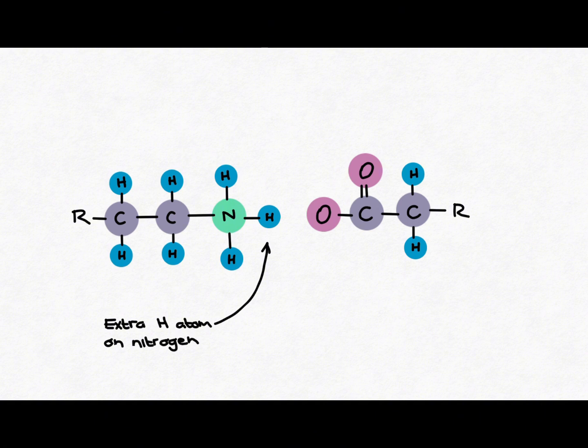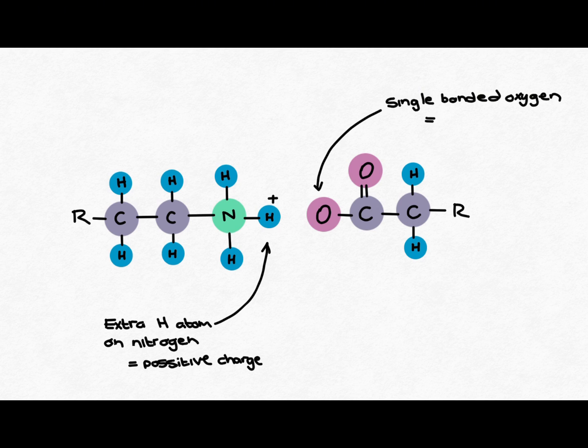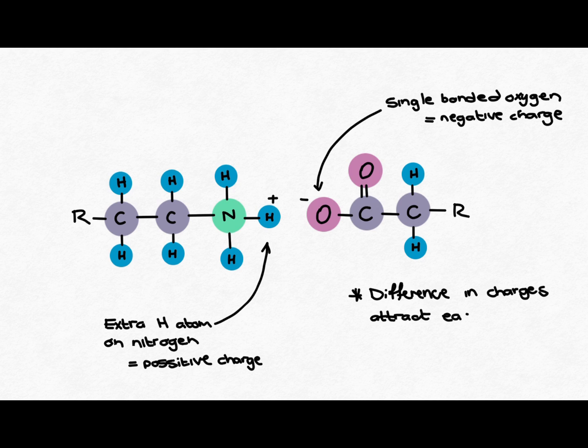This will give the molecule an overall positive charge. We can then see on the molecule next to it that there's a single bonded oxygen atom. This will cause the oxygen of this molecule to be negatively charged. The positive charge of the hydrogen and the negative charge of the oxygen will attract each other to create an ionic bond.